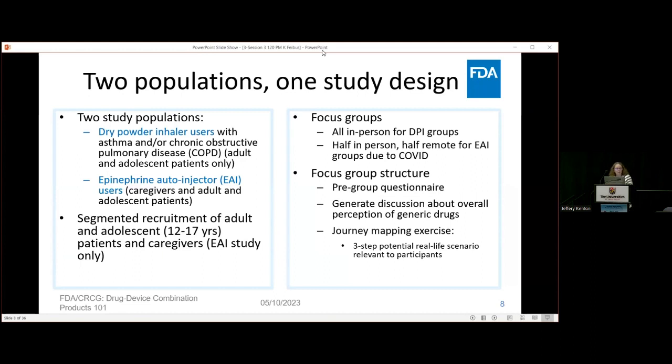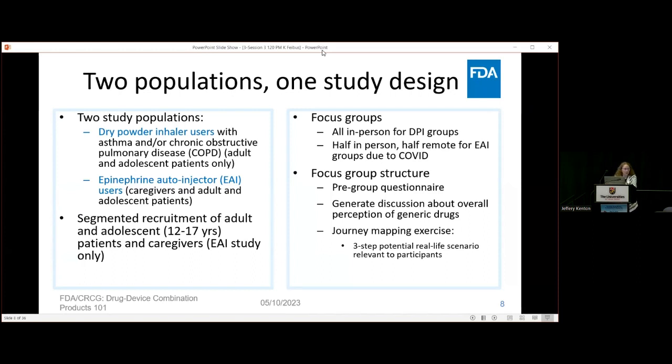The second study population was users of epinephrine autoinjectors. That set of focus groups included adult and adolescent patients with severe allergies, as well as caregivers of these individuals who might also be using the product. There was segmented recruitment to ensure an adequate number of both adult and adolescent patients for both of the study groups, as well as caregivers for the epinephrine autoinjector study.